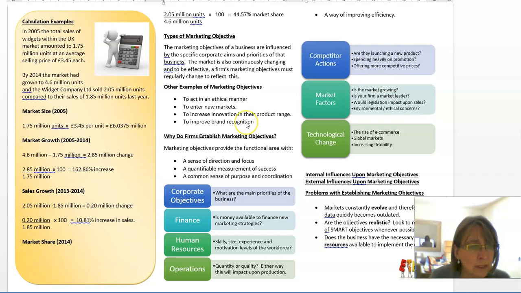So when we set the objectives, remember we may have corporate objectives, but in this section we're looking at the marketing objectives that we may be setting. We need to remember that when we set our objectives, there will be internal influences.